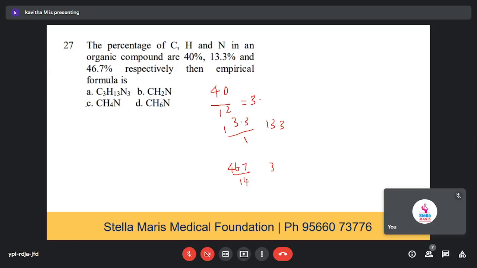Ma'am, if you ask what to do after this, you have to divide by the lowest value. So when you divide the first and 3, that is the carbon and the nitrogen, by 3, you'll be getting 1, right? Yes, ma'am. Yeah, 13.3 divided by 3, you'll be getting 4. 4 threes are 12.